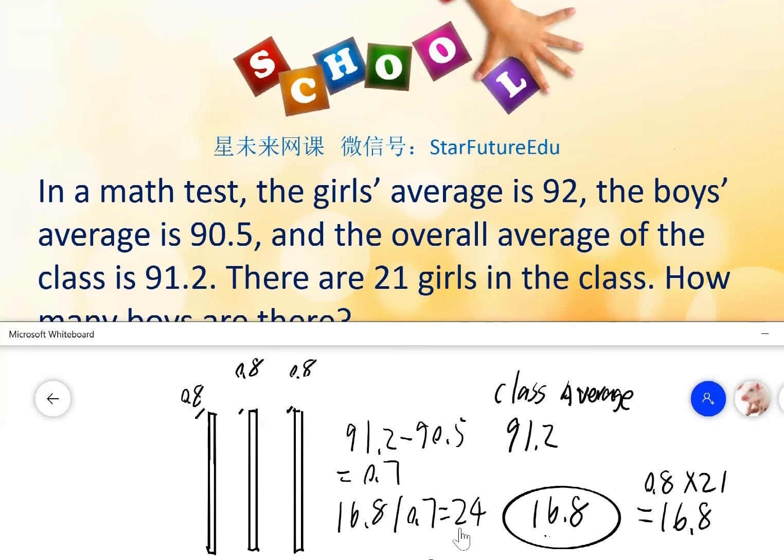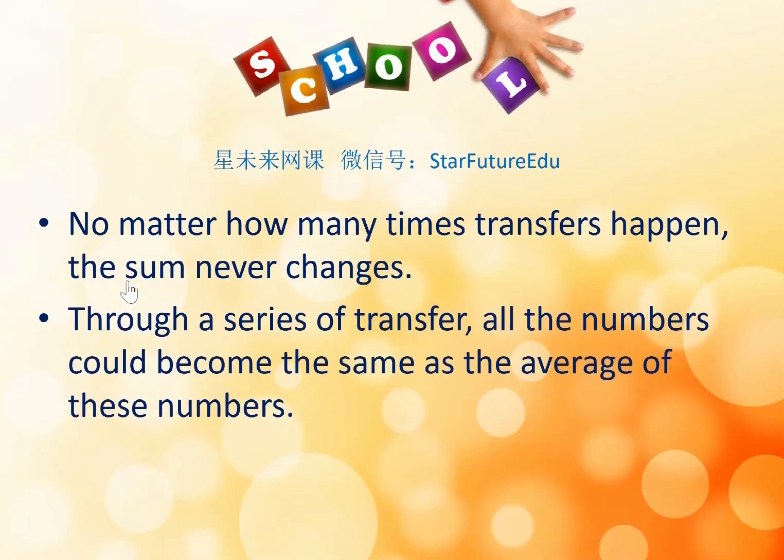There are 24 boys. To recap, what have we learned so far? If there are some numbers, you can transfer some value from one number to another number. You can transfer many times. And no matter how many times you transfer, the sum of these numbers always remains the same.